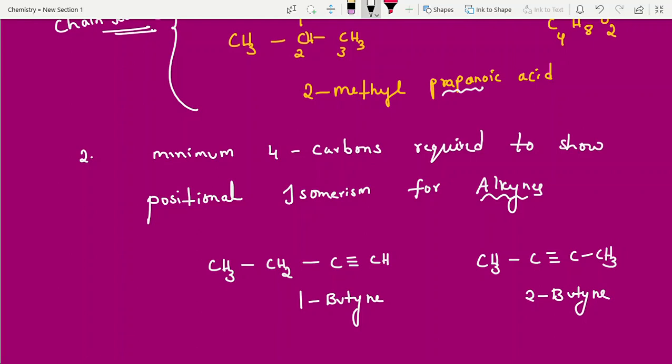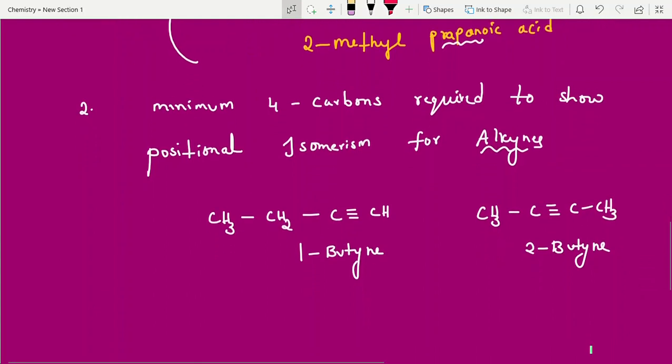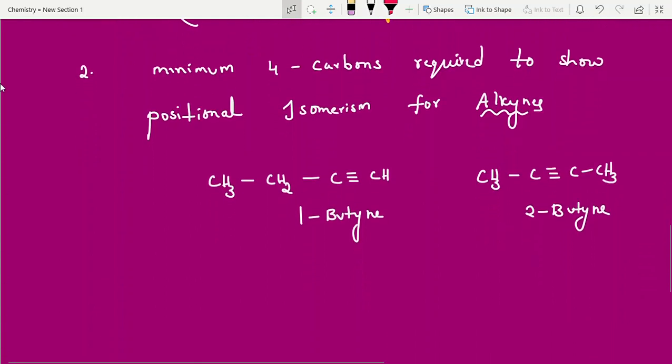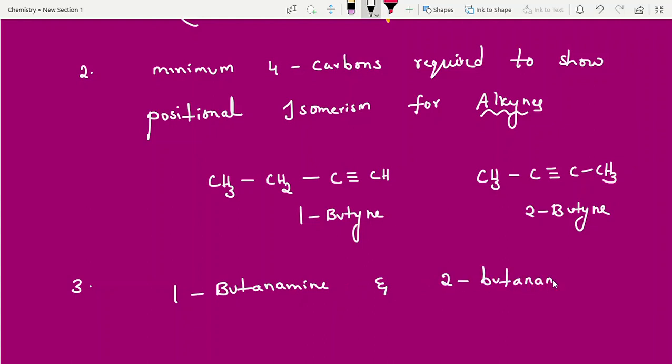Okay. Now, next one. Sometimes they will ask questions like this. 1-butanamine, 2-butanamine. 1-butyramine and 2-butyramine, what type of isomers?